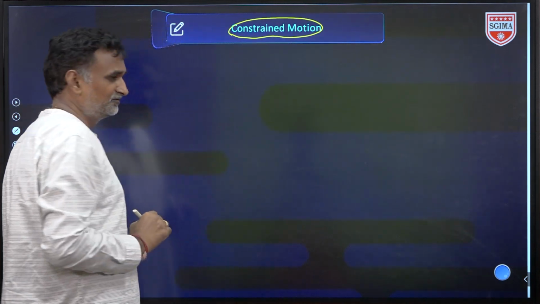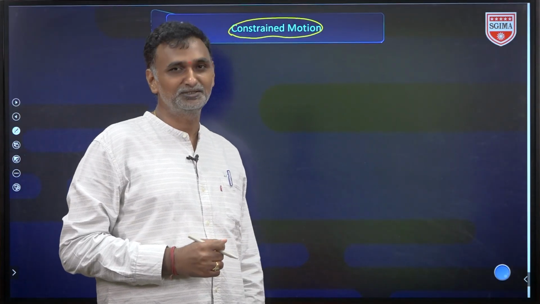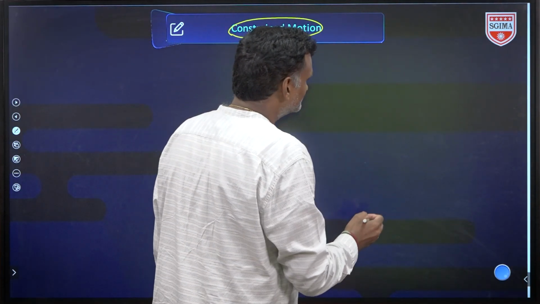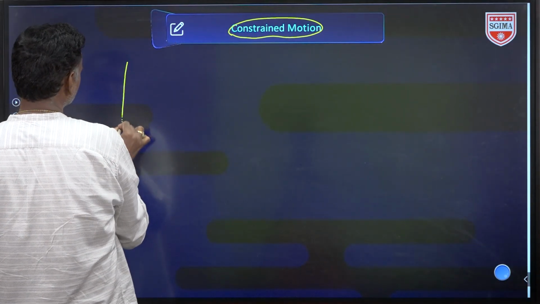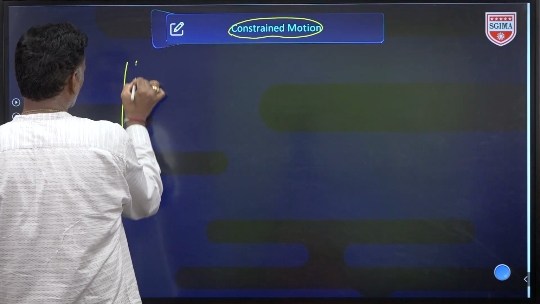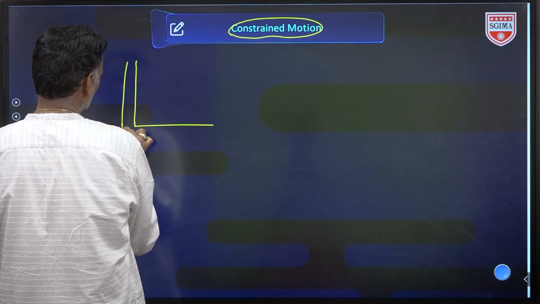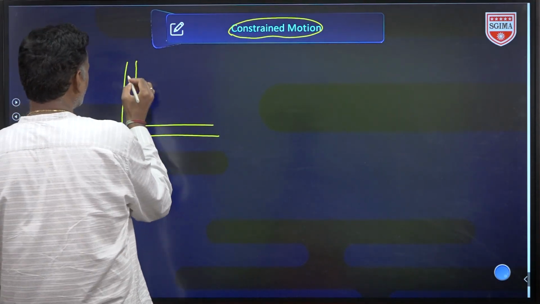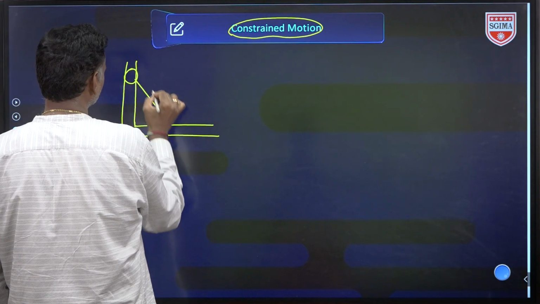We can generally describe it as restricted motion. A restricted motion means, suppose here is a track, this is one vertical track. Next is one horizontal track, and a rod is connected here with the help of rollers.